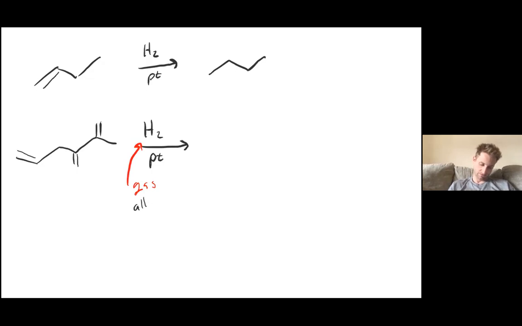That's not how you spell always. Also, I'm going to abbreviate excess as the letters XS pretty much at all times. So if you see the letters XS, that just means you have an excess amount of it. So for this reaction here, we would reduce all of these down to just single bonds.